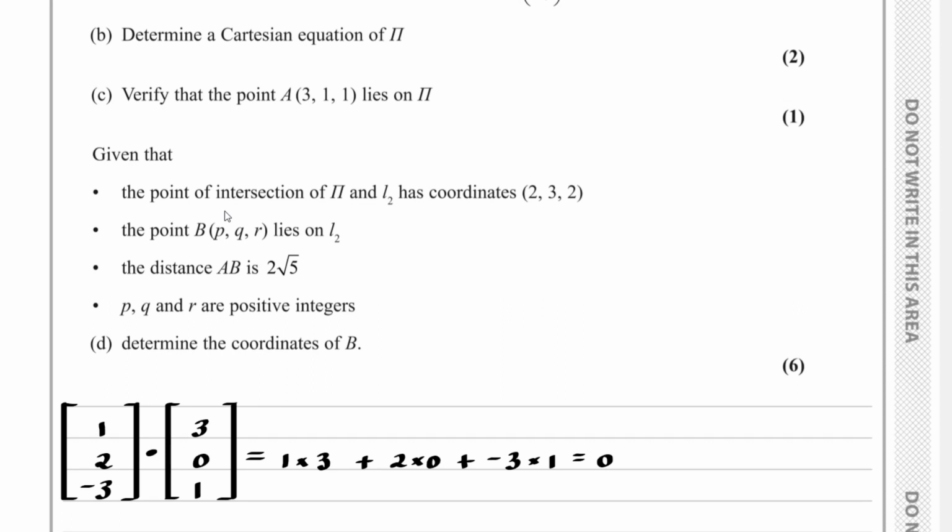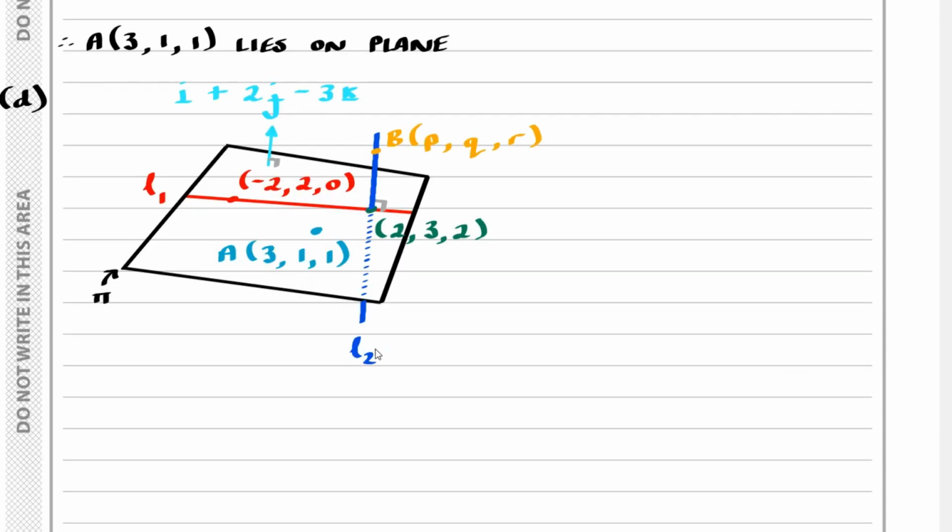Given that the point of intersection of pi and L2 has coordinates (2, 3, 2), the point B has coordinates (p, q, r), and B lies on L2, and the distance AB is 2 root 5, and p, q and r are positive integers, we have to determine the coordinates of B. Here is our updated diagram.